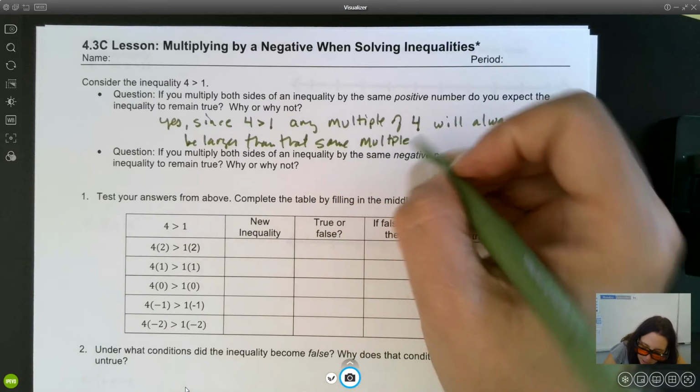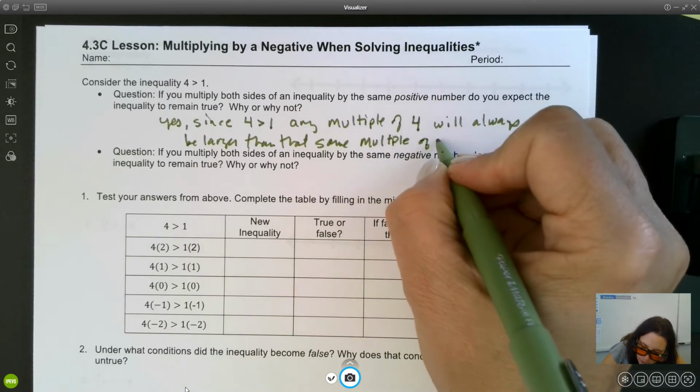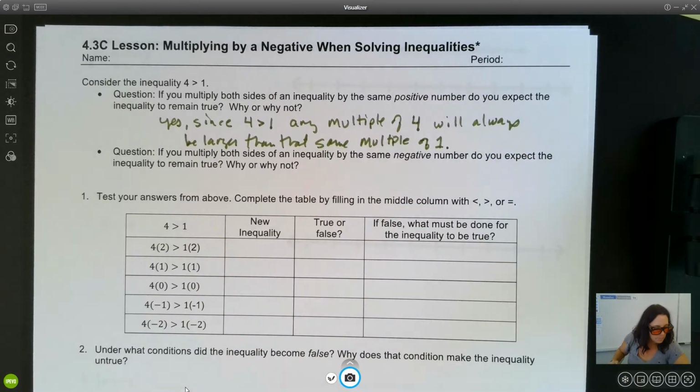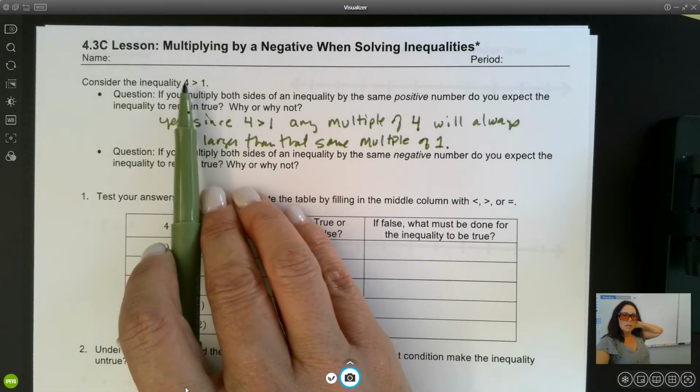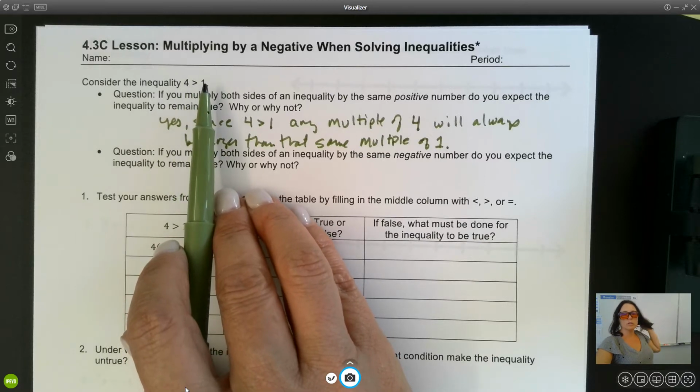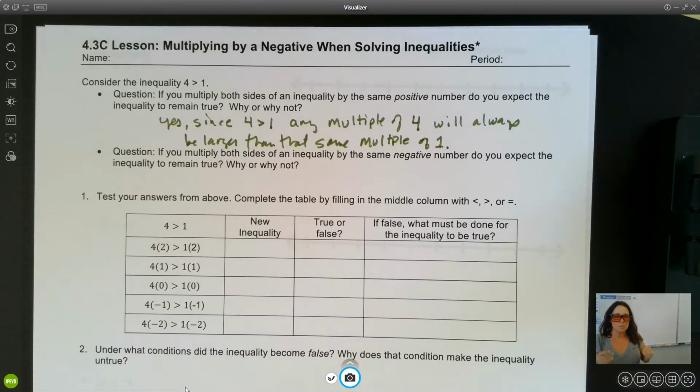Okay, so I want you to think about the number 2, for example. If you multiply a 4 by 2 and a 1 by 2, that would be 8 is greater than 2. It's still going to be a true statement.